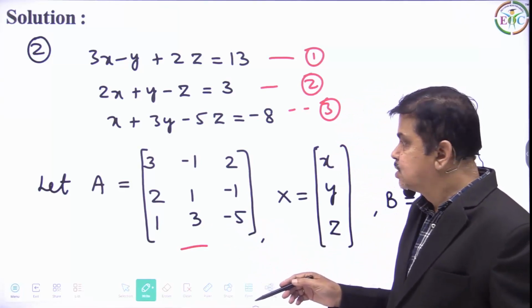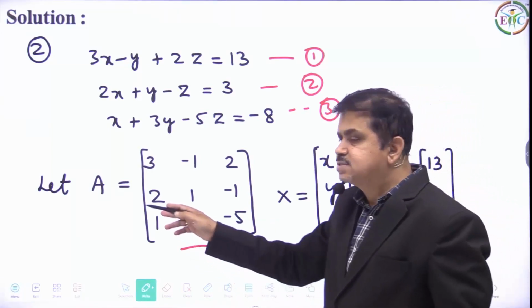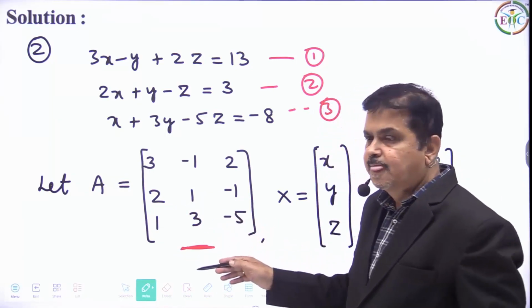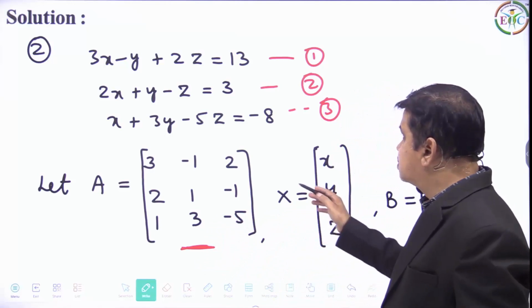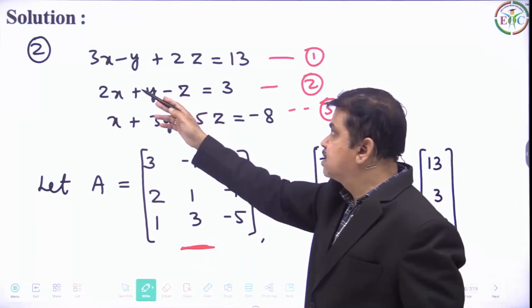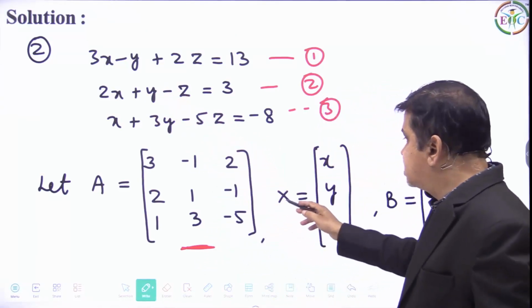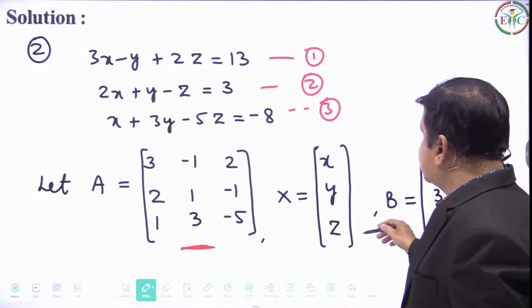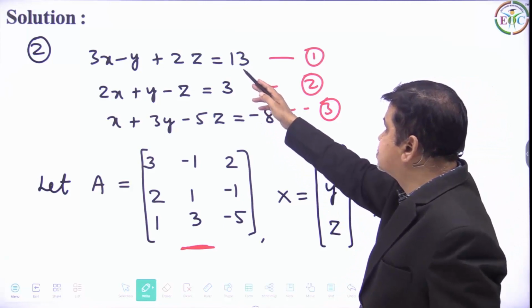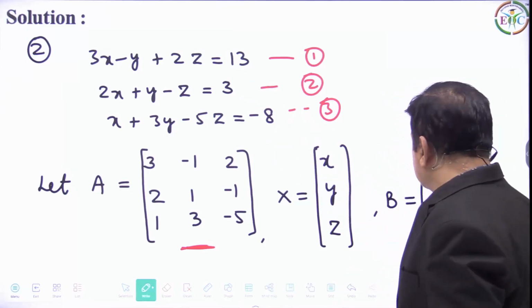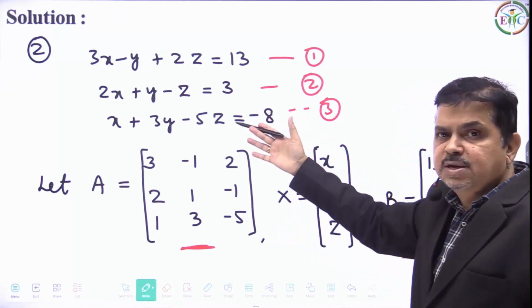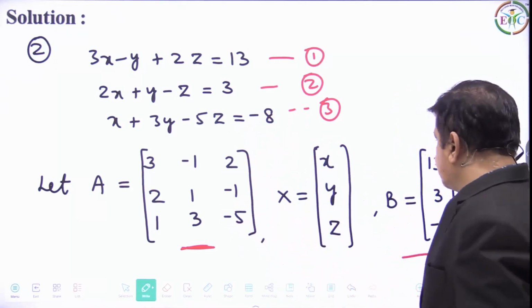Now let us write matrix A as the coefficients, the matrix X as the variables x, y and z, and the matrix B as the constants, that is 13, 3 and minus 8. So we have written the given equations in matrix form.